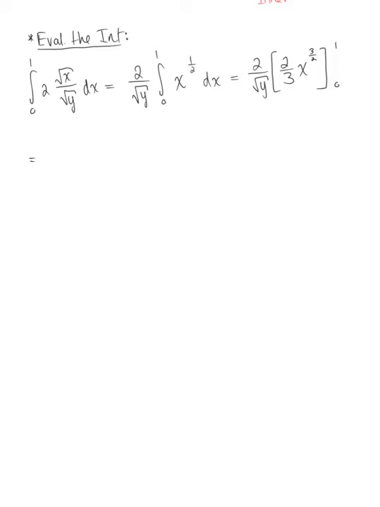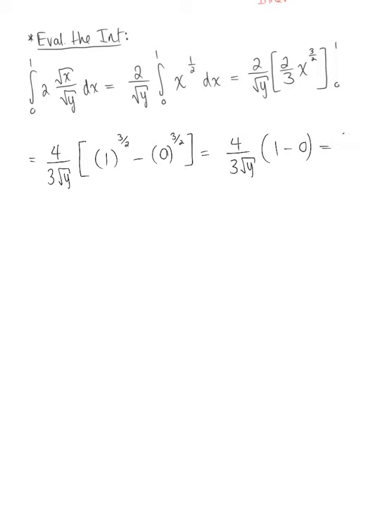And so this becomes 4 over 3 times the square root of y multiplied by 1 to the 3/2 minus 0 to the 3/2, which leaves us with 4 by 3 times the square root of y multiplied by 1 minus 0, or just 4 divided by 3 times the square root of y.